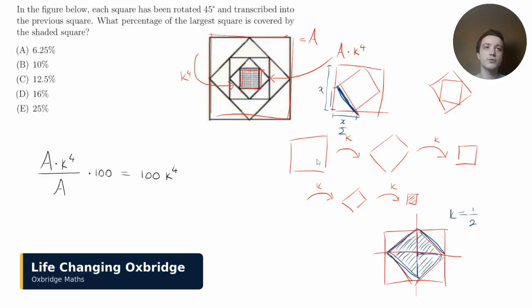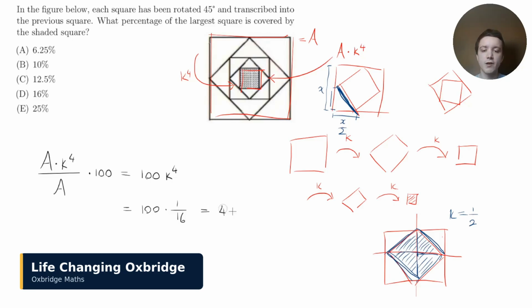Now it just remains to explicitly calculate this expression over here, 100k to the power of 4. So that's going to be 100 times a half to the power of 4, which is 1 over 16. And when it comes to simplifying fractions quickly, it's often good to think about factors and prime factorizations. So 100 is 10 squared, and 10 is 2 times 5.